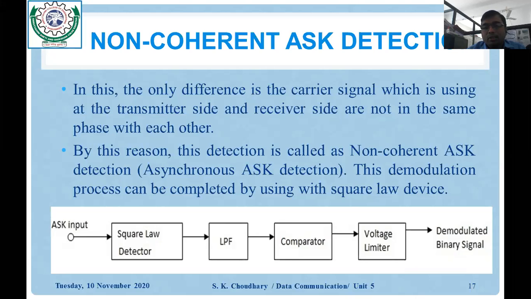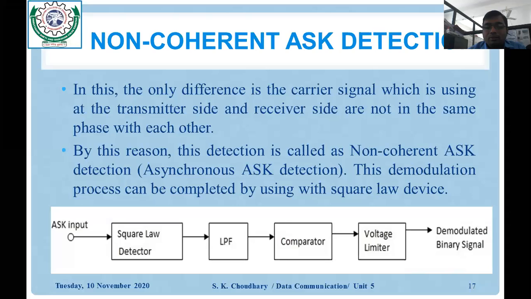This demodulation process can be completed with the help of the following devices: a square law device, then a low pass filter, or a band pass filter if it is a band limited signal, then a comparator and a voltage limiter. Whatever ASK signal is transmitted passes through the channel, where noise and errors are added, and this noisy signal is received by the receiver.